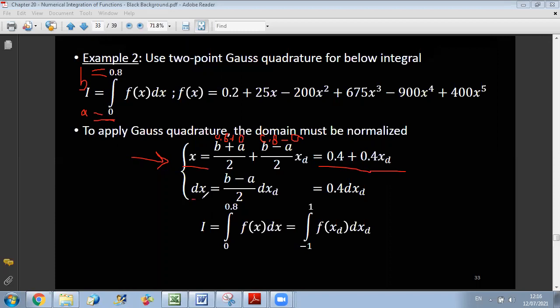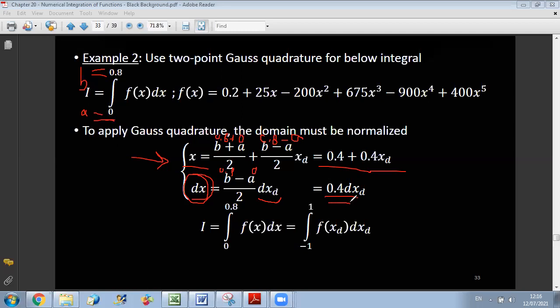Now concerning the x, the derivative, if you want, the elementary variation of x, dx, should be related to dxd. So all we have to do is to apply dx is equal to (b minus a)/2 times dxd. By replacing b and a by their values, 0.8 and 0, we just get that dx is equal to 0.4 times dxd.